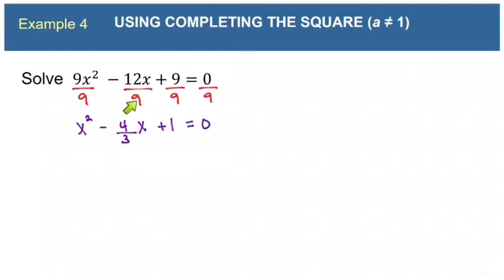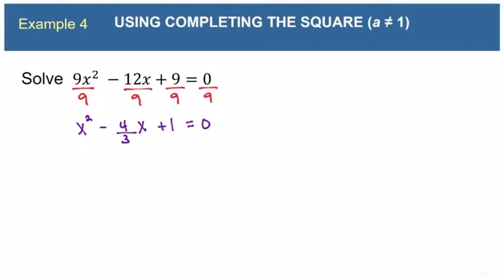The 12 over 9 will reduce to 4/3, so you can go ahead and reduce that. So now I have x squared minus 4/3 x. The 9 over 9 reduces to 1, and of course 0 over 9 is just 0. And so this is our resulting quadratic equation. This is equivalent to the first one because all we've done is divide through by 9.